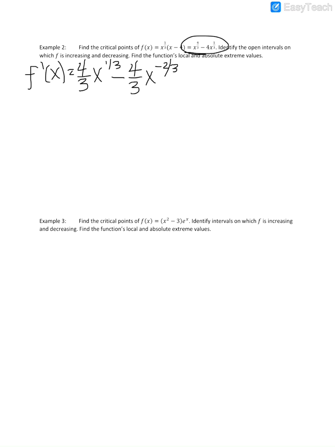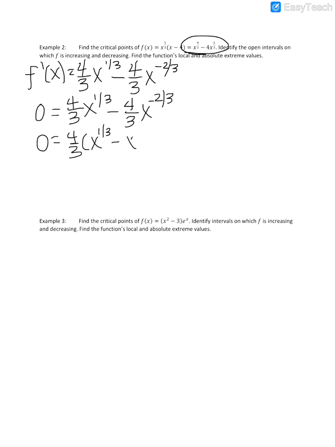All right, so we want to set this equal to 0. We can factor out a 4/3. And since we're trying to equal 0, the 4/3 really does nothing for us. We can divide it on both sides and it just goes away.